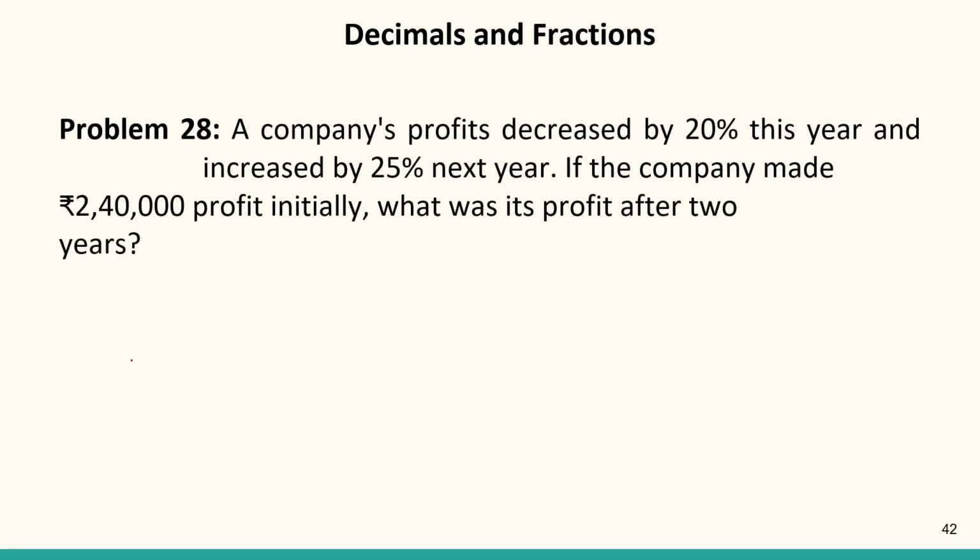For problem number 28, a company's profits are decreased by 20% this year and increased by 20% next year. So if the company made a 2,40,000 profit initially, what was its profit after 2 years? So let's see.